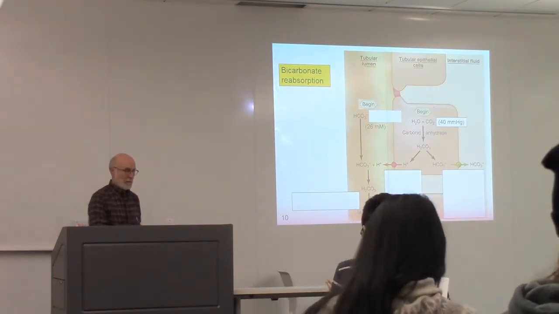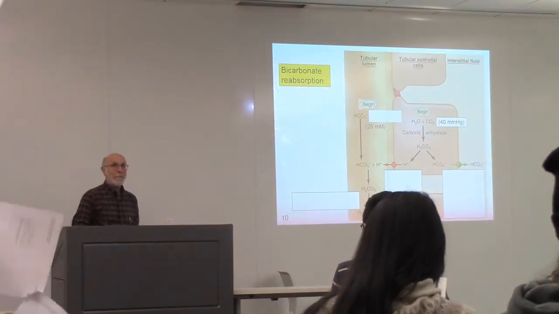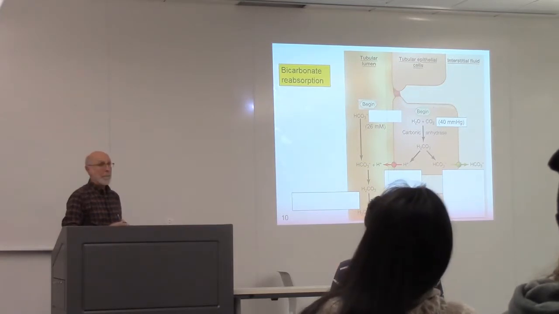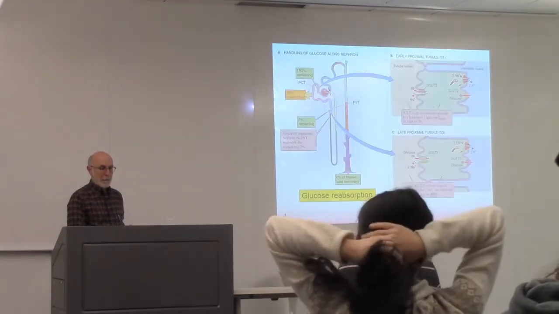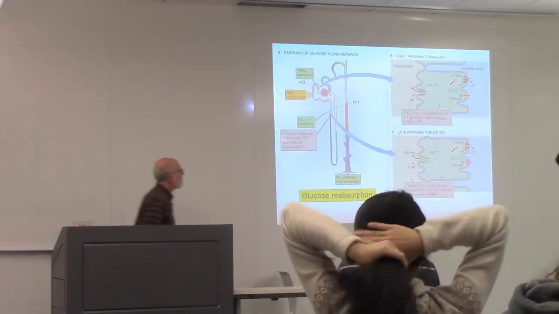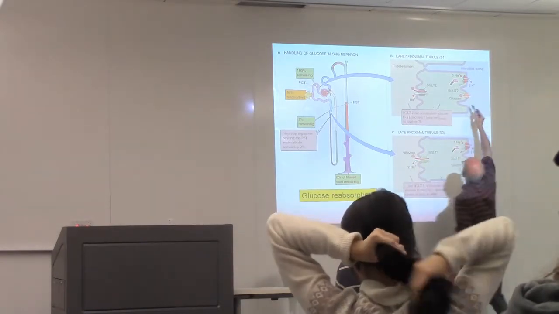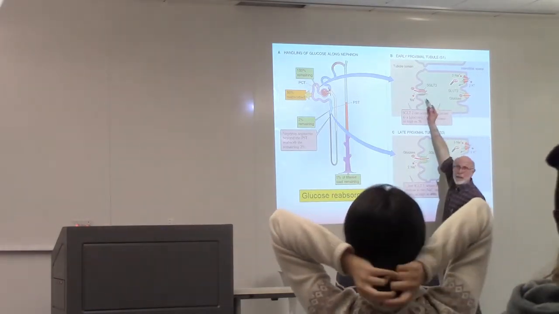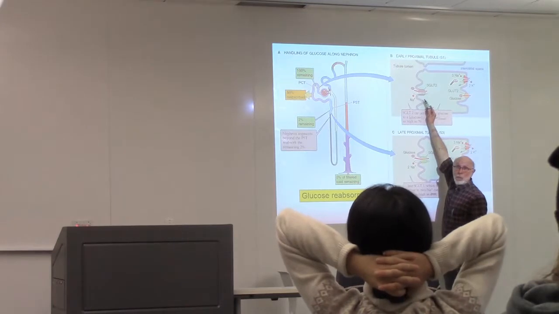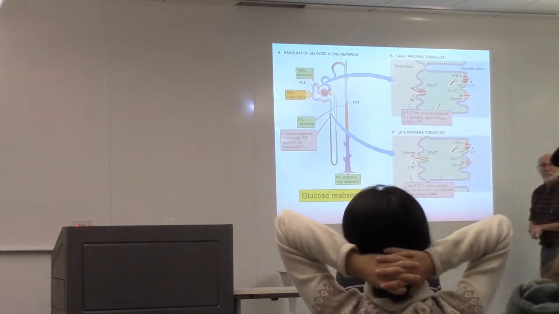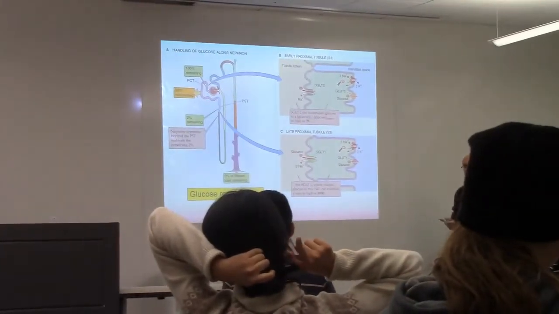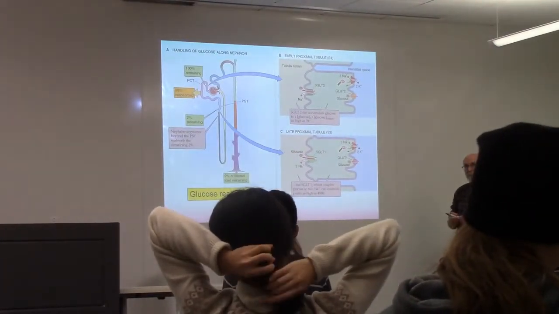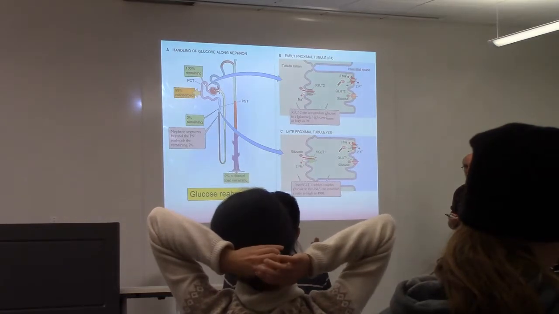So, we have to differentiate between the passive transporter versus the secondary active transporter. This is passive, and this is secondary active. Question? No, because it all comes back to the first slide.